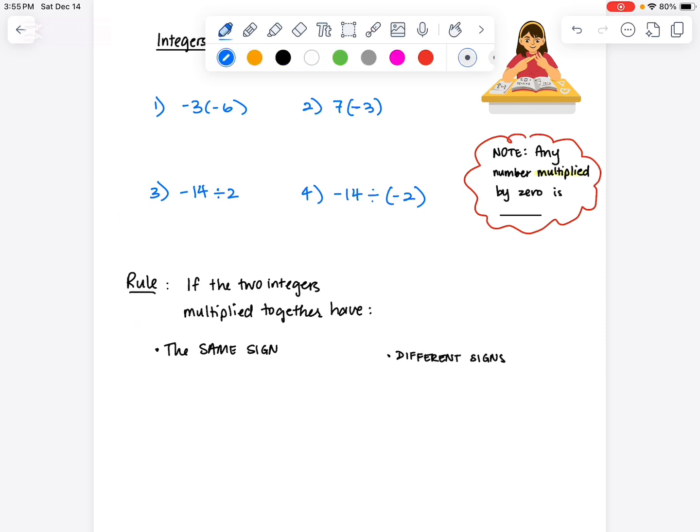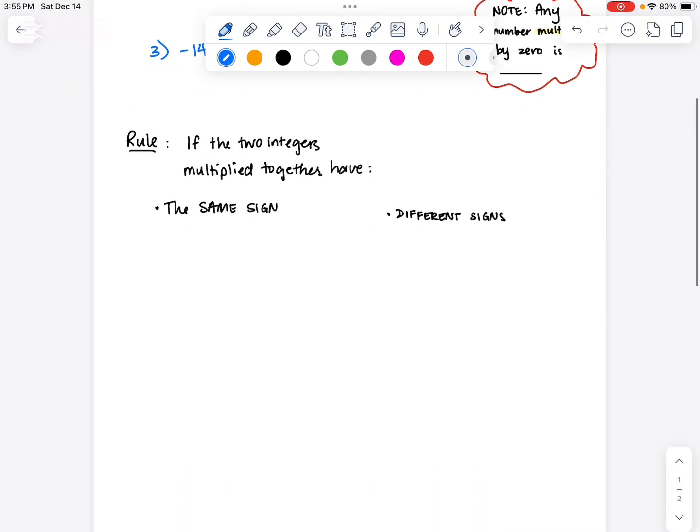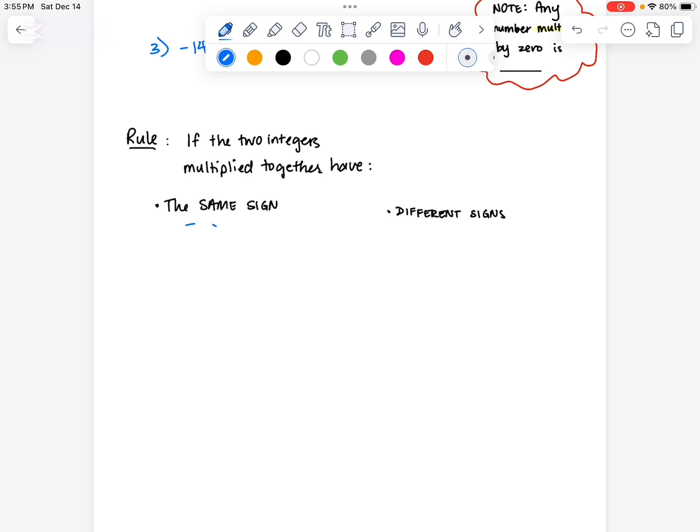So the rule is going to be if the two integers that you're either multiplying or dividing together, and we're going to see that the rules are actually the same, if they're multiplied together and they have the same sign. So for example, if I have a negative integer multiplied by a negative integer, or if I have a positive multiplied by a positive, what we're going to end up with is our final answer will be positive.